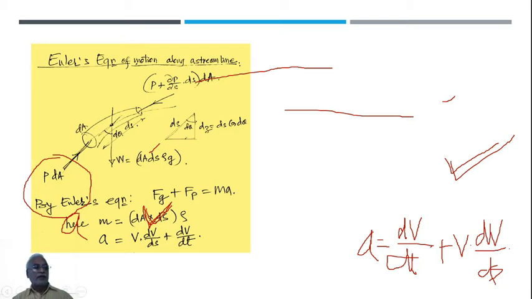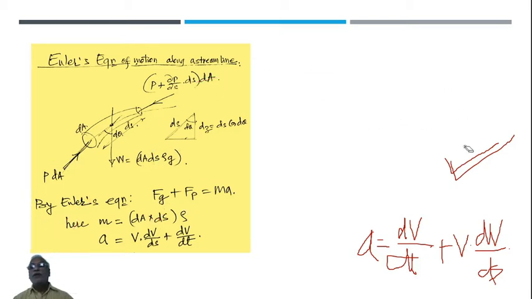Now, Euler's equation of motion along a streamline. This is important now. Along a streamline, here I have shown one streamline, just a streamline.